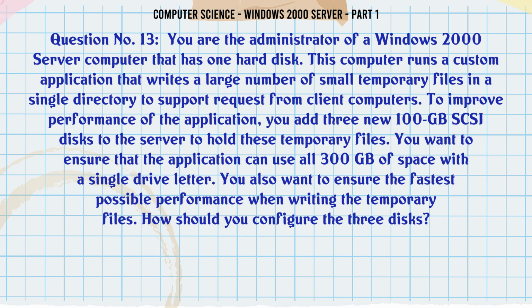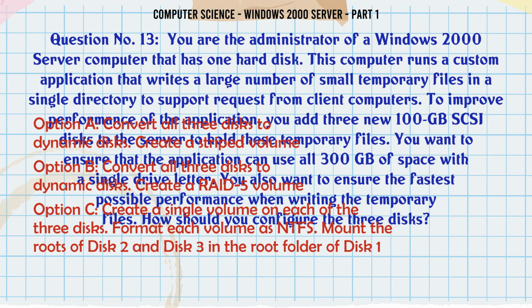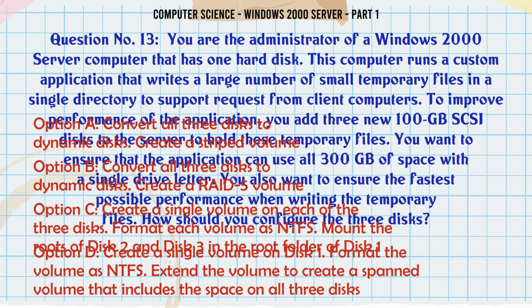You are the administrator of a Windows 2000 server computer that has one hard disk. This computer runs a custom application that writes a large number of small temporary files in a single directory to support requests from client computers.